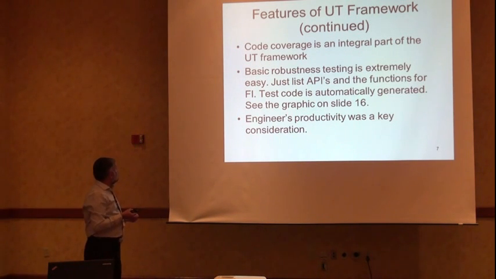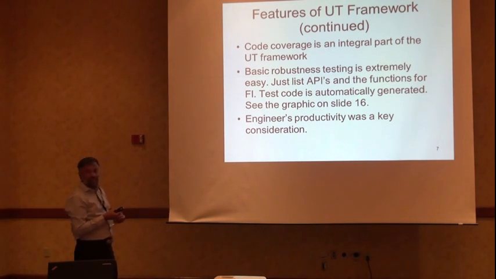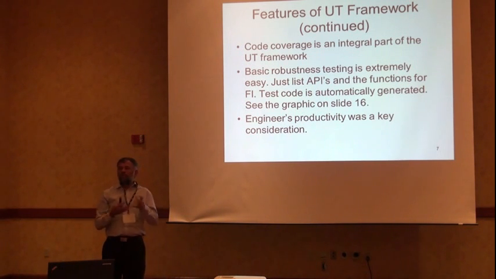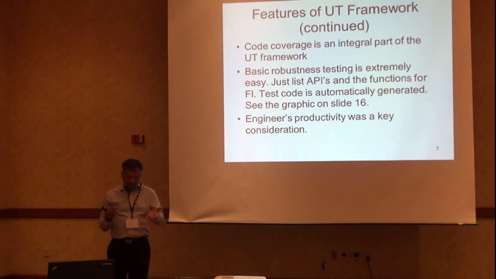And basic robustness testing is extremely easy. What the framework would do is you just list your APIs, in fact you can just point it to your header file, or you can list the specific APIs, and then the tool would look at that, analyze the code, and generate tests for that.